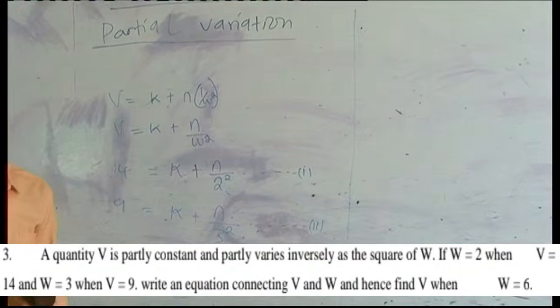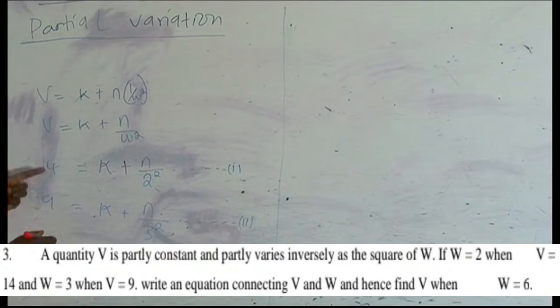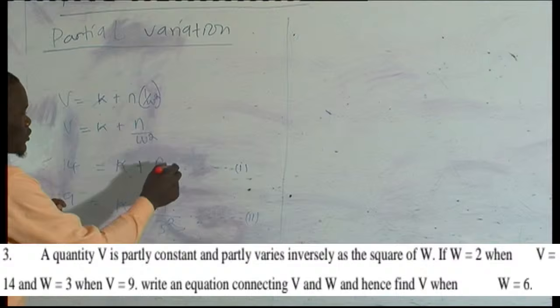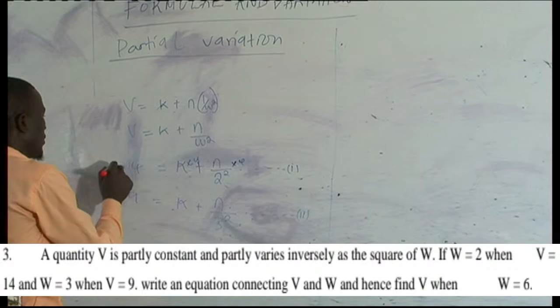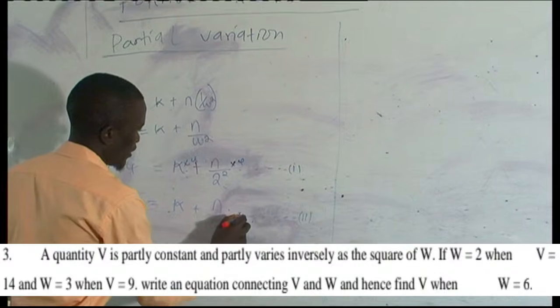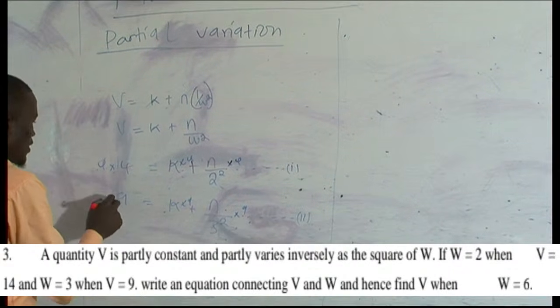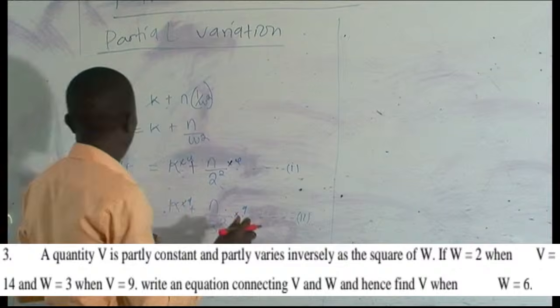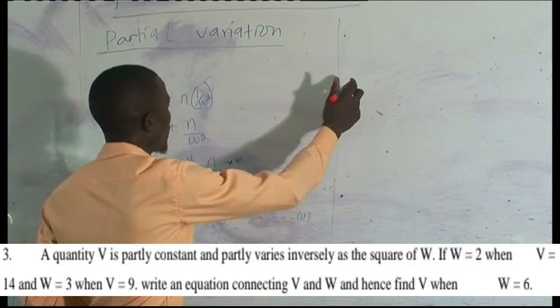So that if we continue, we can work out the fraction part. So multiply here by 4, multiply this one by 4, multiply this side again by 4. Multiply here by 9, multiply here by 9, multiply here by 9. So that 14 by 4 we get 56.